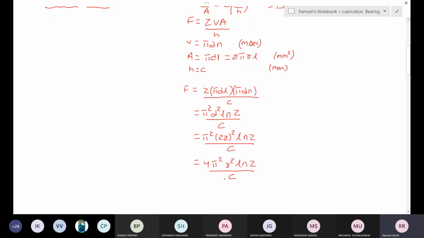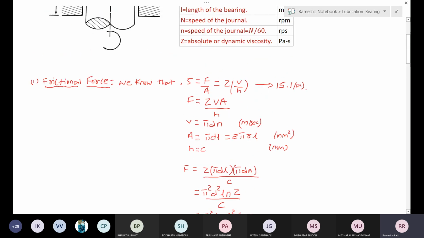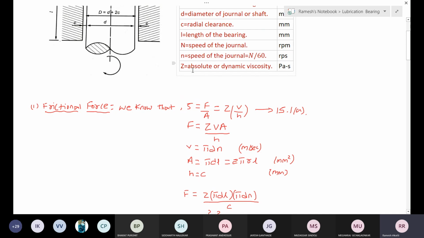And this equation is there in your data. If you see the unit of Z, Z is nothing but the absolute viscosity or the dynamic viscosity. It is in Pascal second. Pascal is nothing but Newton per meter square. The unit of dynamic viscosity is Newton per meter square second.